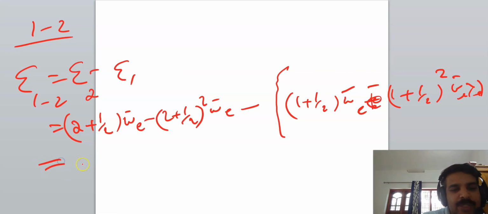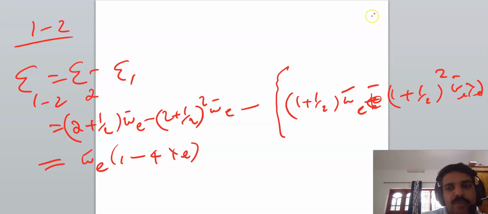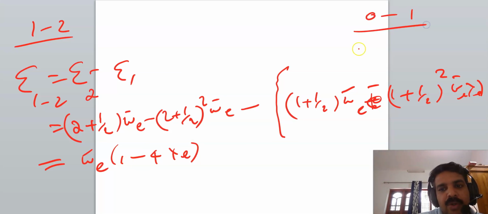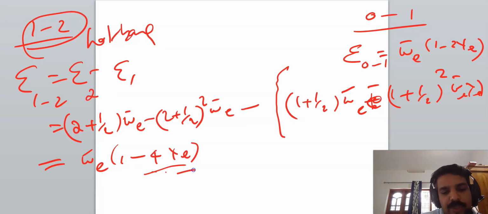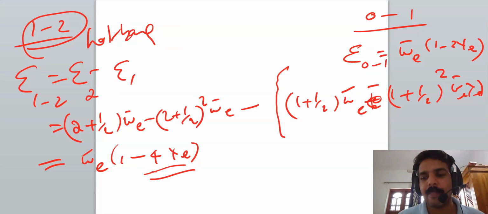By solving this, we get ω̄e(1 − 4xe). For the 0 to 1 transition, E 0 to 1 is equal to ω̄e(1 − 2xe). For the 1 to 2 transition, that is the hot band, this is equal to ω̄e(1 − 4xe).